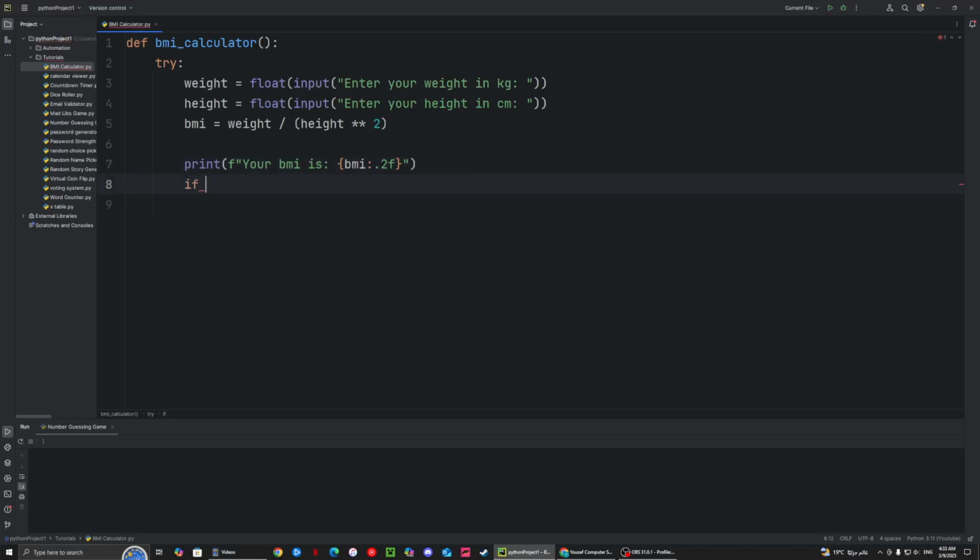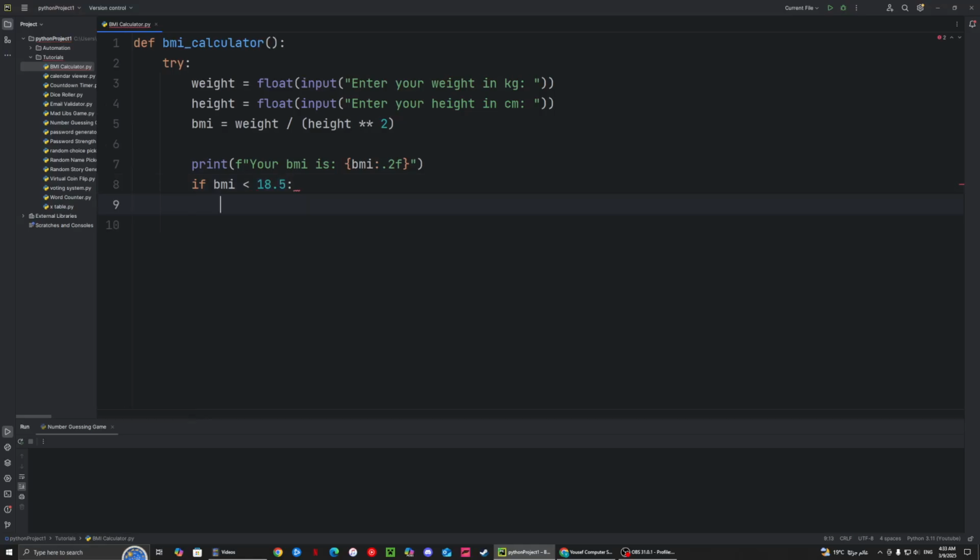So we want to say if BMI is less than 18.5, then we want to print underweight.